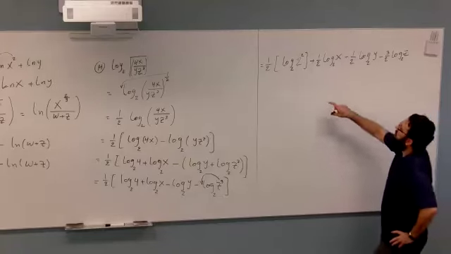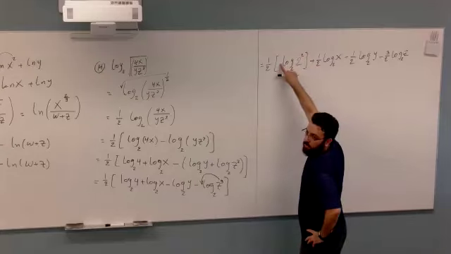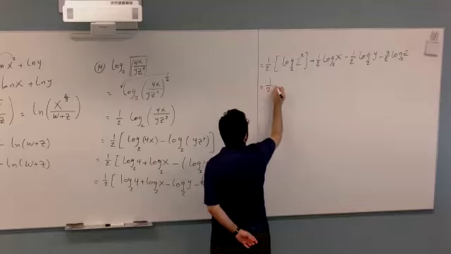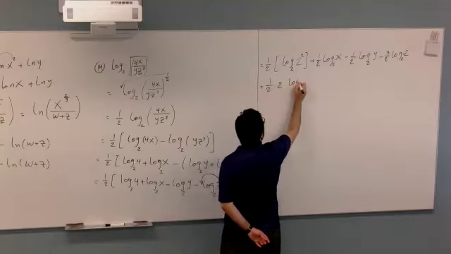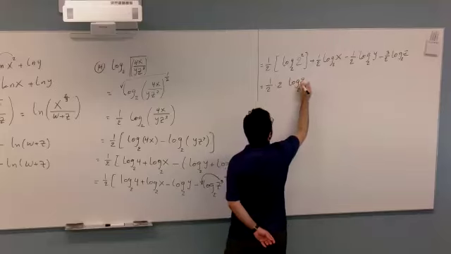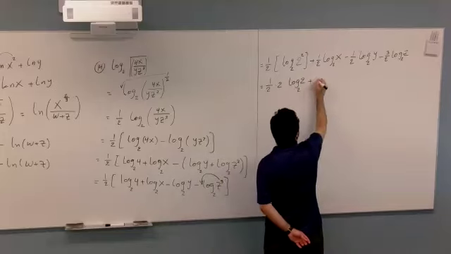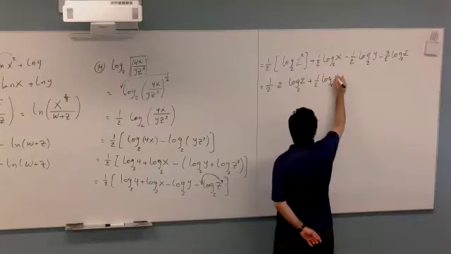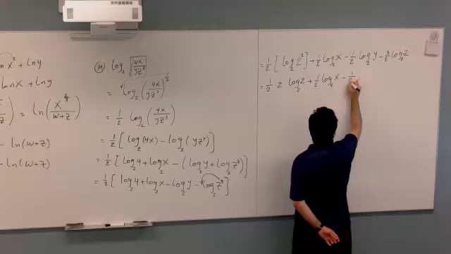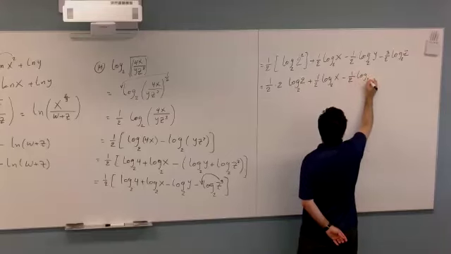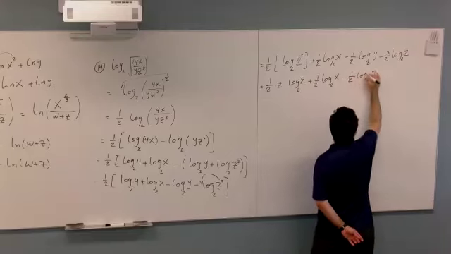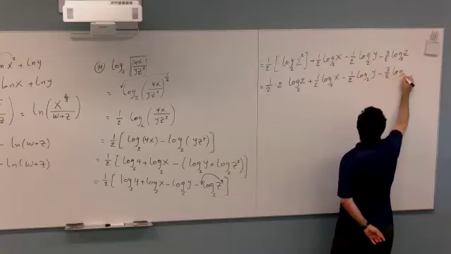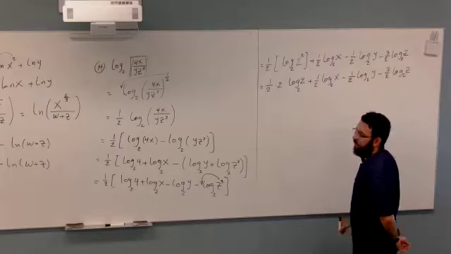Now, can I move the 2 in front of the log? So this part is going to be half times 2 log to the base 2 to the 2 plus half log to the base 2 to the x minus half log to the base 2 to the y minus 3 over 2 log to the base 2 to the z.